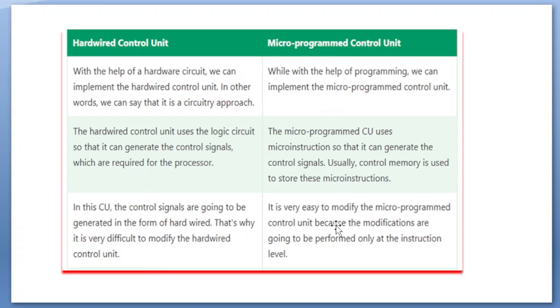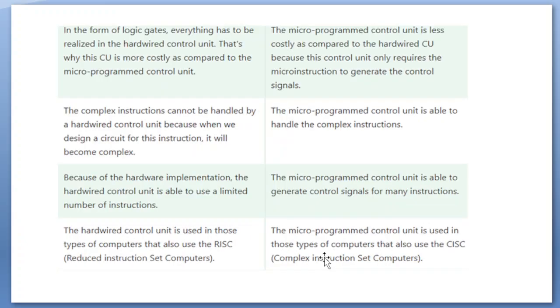But the microprogrammed control unit is very easy to modify, because the modifications are performed only at the instruction level. Instructions we can change easily. In a microprogrammed control unit, we can change the programming, so modifications are possible.